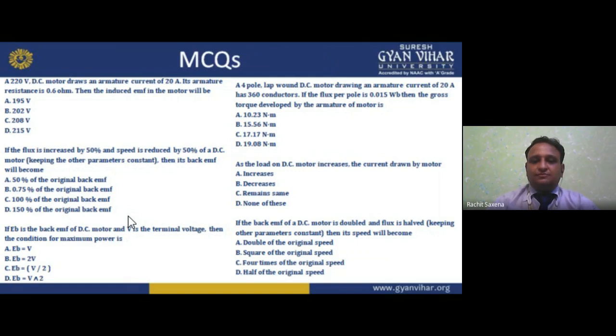So what will be the value? 7.7, that is C. As the load on a DC motor increases, the current drawn by the motor increases. If the back EMF of a DC motor is doubled and the flux is halved, keeping other parameters constant, then what will the speed become? 4 times the original speed.